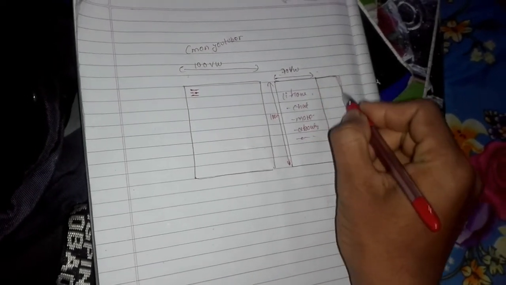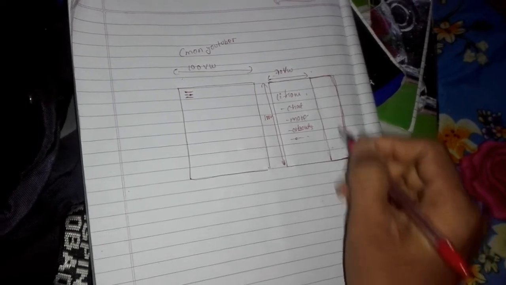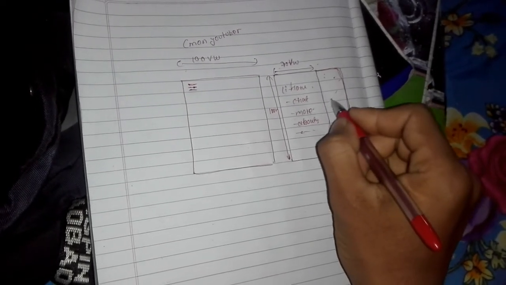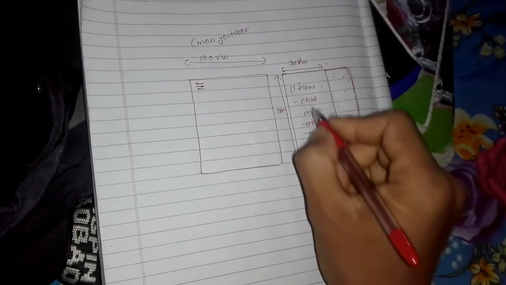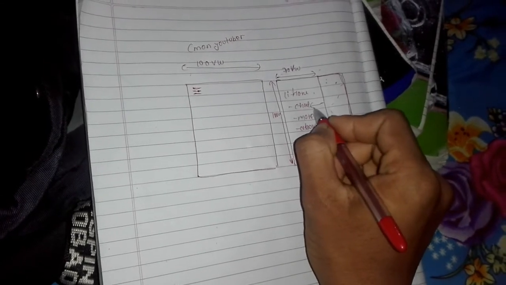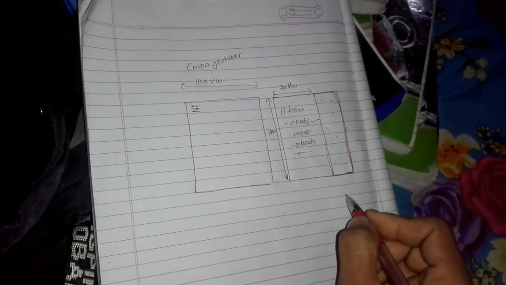And this is our closing tab. So when we click in this area, then this navbar should be closed. So this will be our structure of the website.